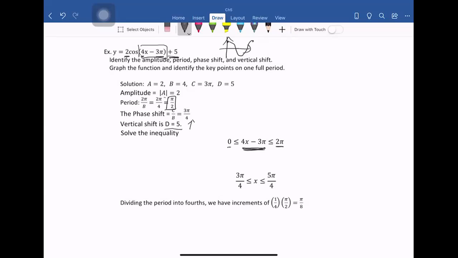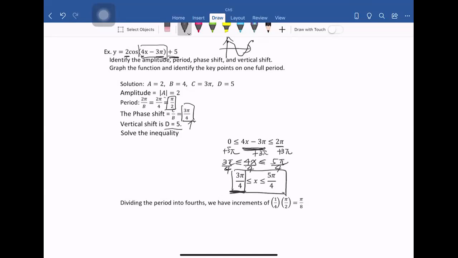Add 3 pi, so this side is 3 pi less than or equal to 4x less than or equal to 5 pi. And all of them divided by 4, and we have this. So you see the starting point, that's the phase shift.